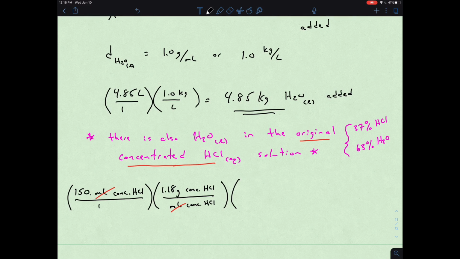So now we can just use the other percent, which would be for every 100 grams of this concentrated HCl, we would have 63 grams of our H2O.